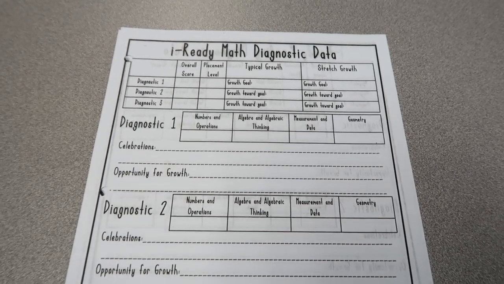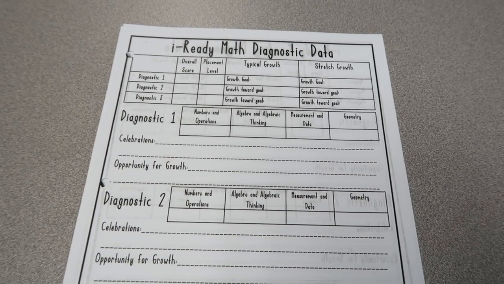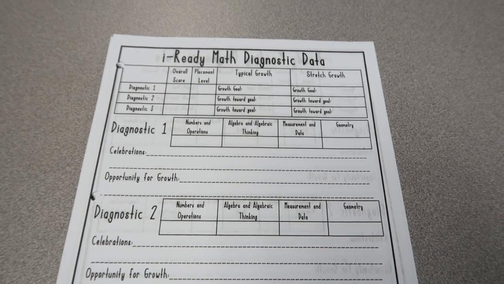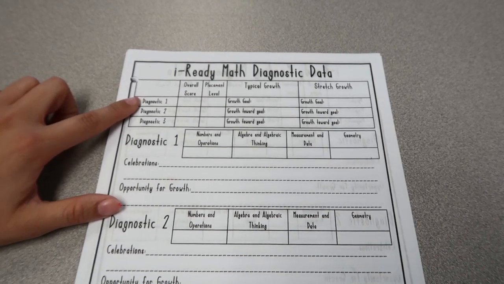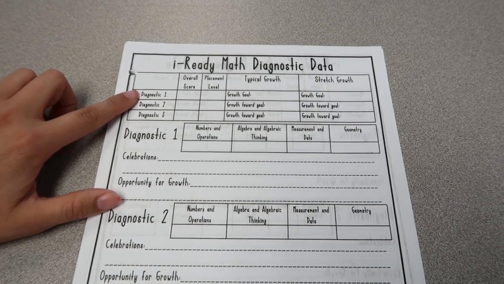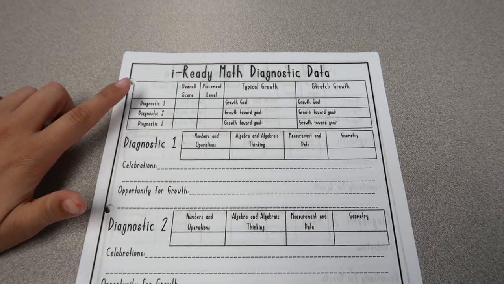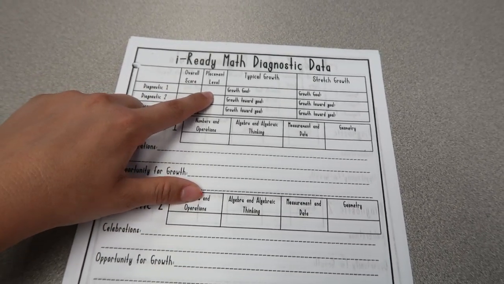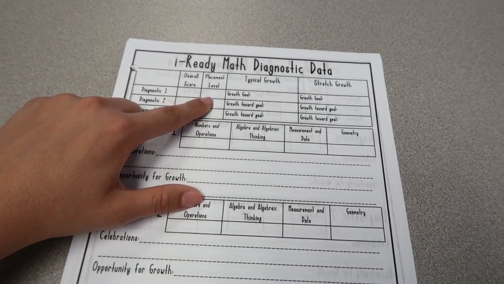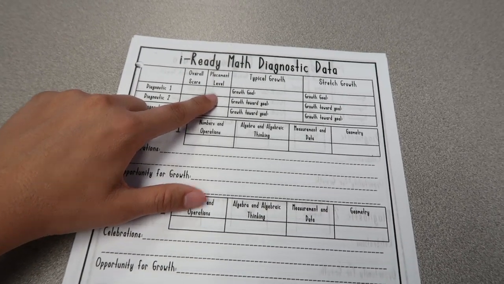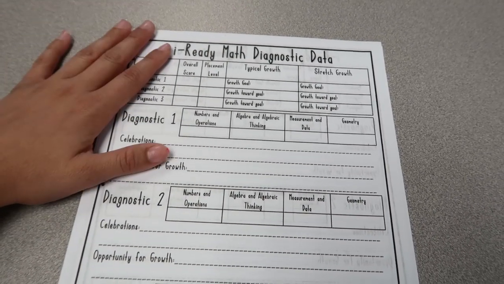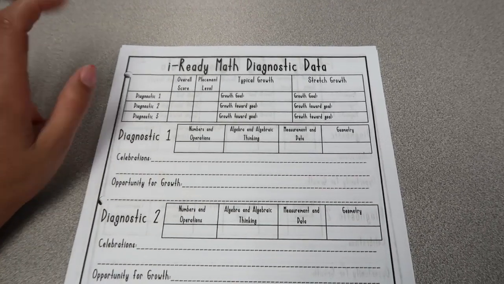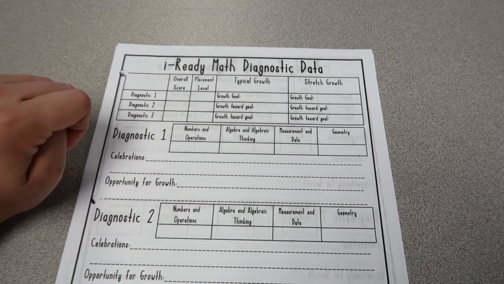So what I could do is print it out back to back with reading and math, and then I could go over this with them together, like do a practice one or maybe one from last year and cover the name to show them, oh, this is where you find your overall score, this is where you find your placement level, and walk them through it. And then they can take that home still, and they could do it instead of me spending 5 hours doing it for them. Not really 5 hours, but you know what I mean. And then it's giving them an extra opportunity to look at their data.